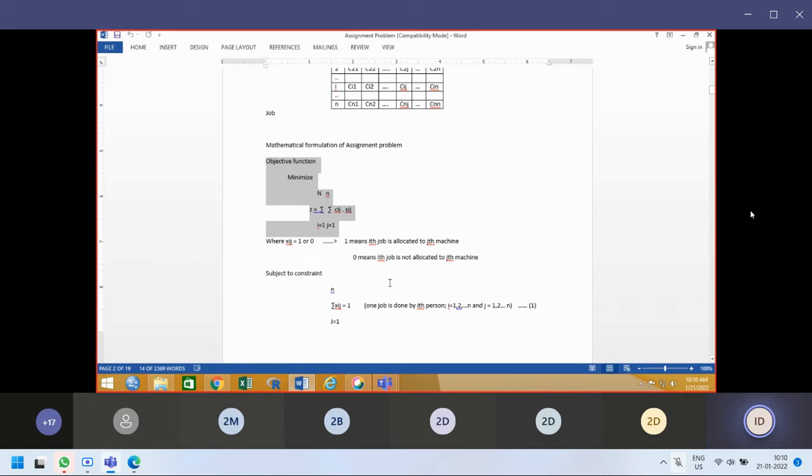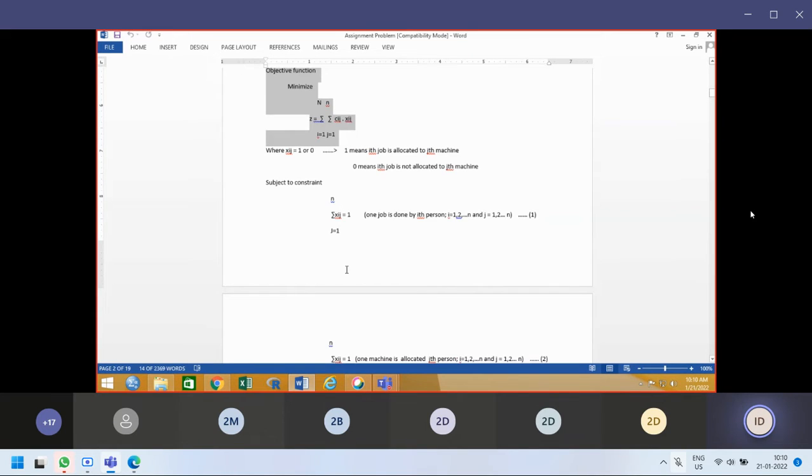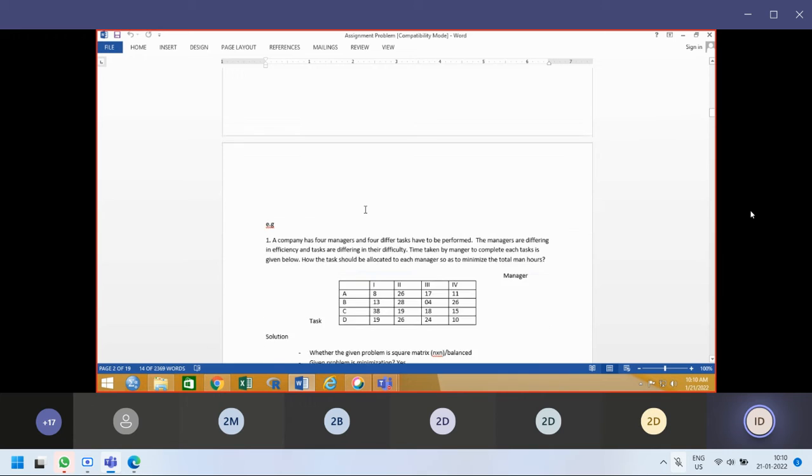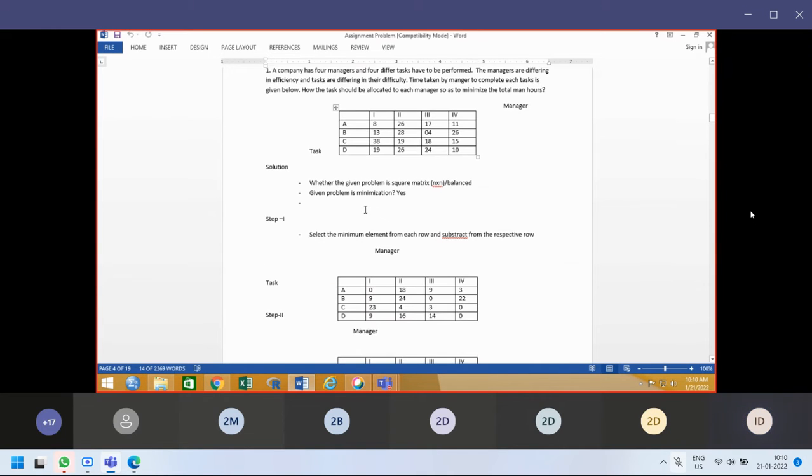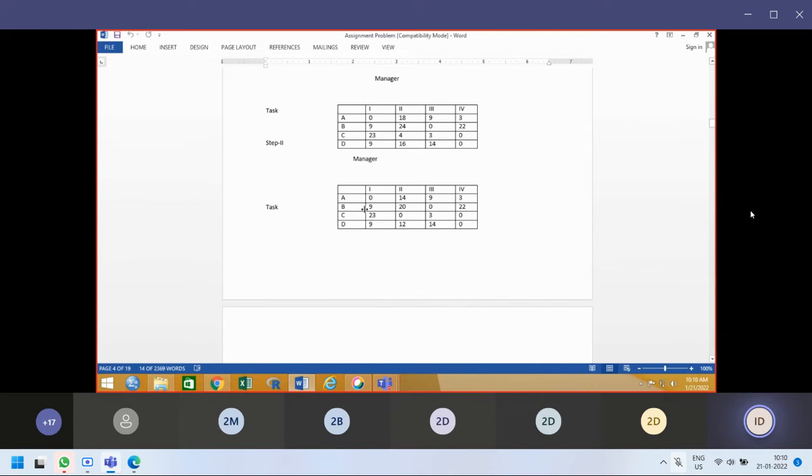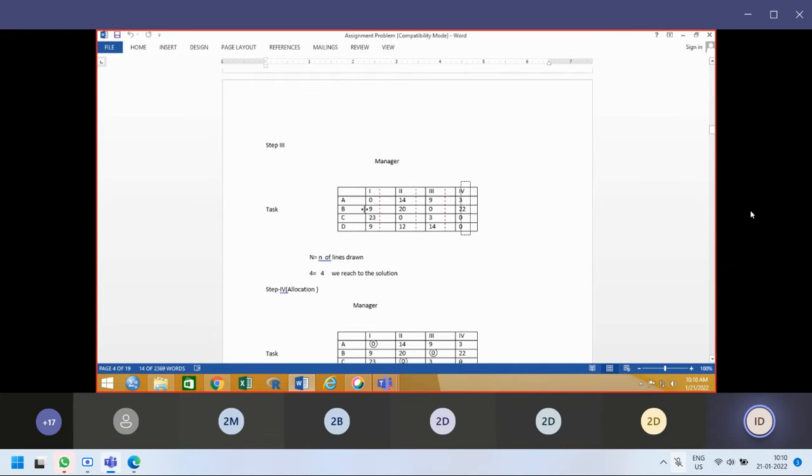There are several constraints, and the constraints depend upon the variables, right? Once the problem is presented in LPP form, we have to go for solving the problems, and yesterday we already solved one problem, right?